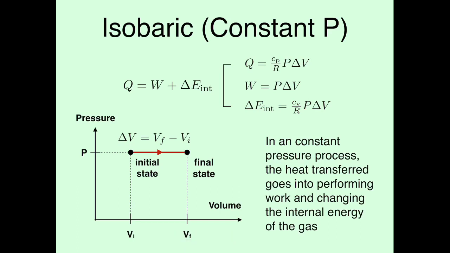Conceptually, if we add some heat to the gas at constant pressure, it can go two places. Some of it goes into work, expanding or contracting the gas, and some of it goes into changing the internal energy of the gas. It goes both places.